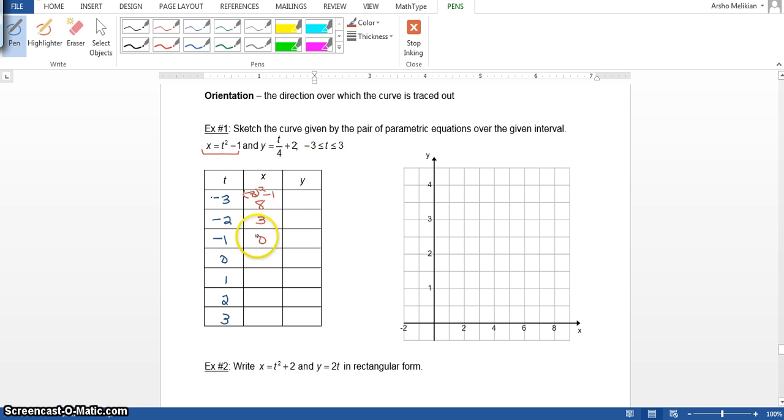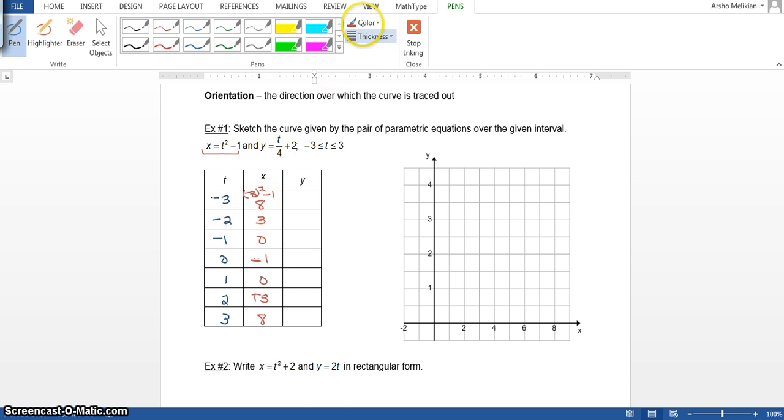When t is 0, x is -1. When t is 1, x is 0. When t is 2, x is 3. And finally, we have t equals 3 and x equals 8. This is a sideways parabola, remember, so it's going to be symmetric.